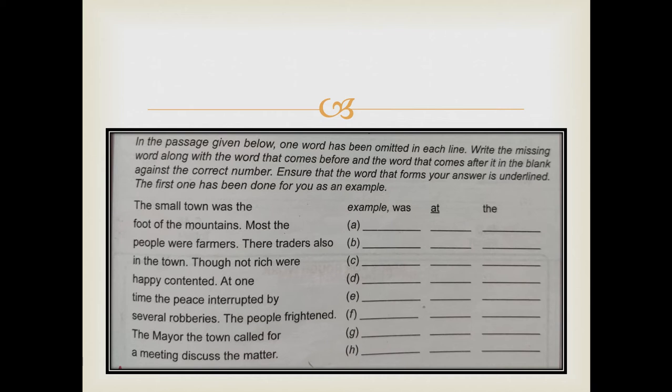Now here they are talking about the preceding words and the succeeding words. So ensure that the word that forms your answer is underlined. Very important point. You have to always underline the word which you have supplied. The first one has been done for you as an example.